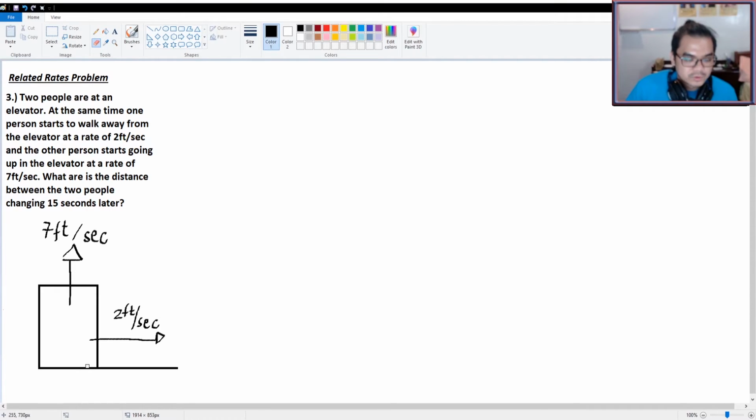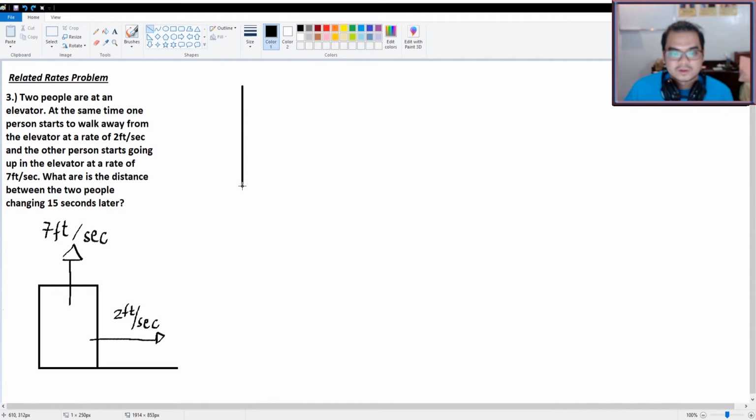Okay, so what will happen here is, if I draw their distances after 15 seconds, it will look like this. This is the distance traveled by the man in the elevator. Of course, that is a straight line.